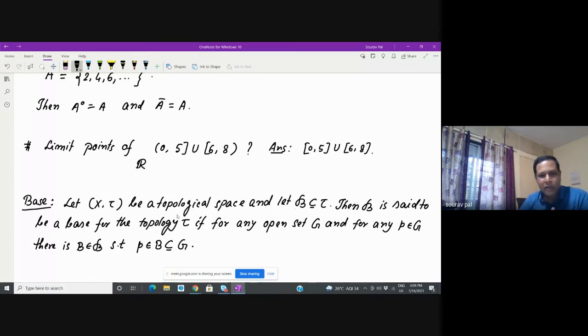So what is a natural basis for a topology? If a topology is given, and you choose script B to be tau itself, then it is naturally a basis.